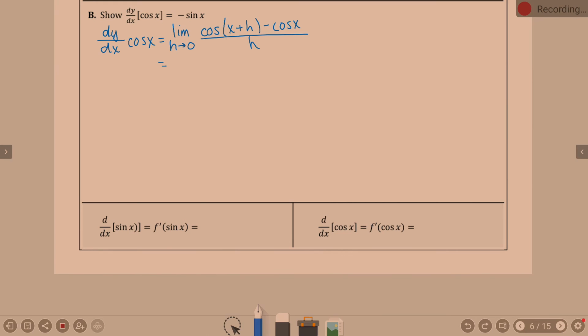So, limit as h approaches 0. Cosine is the one that goes cosine, cosine. So, cosine x, cosine h, change the middle sign to minus, and then it's sine x, sine h. Don't forget the minus cosine x all over the h.